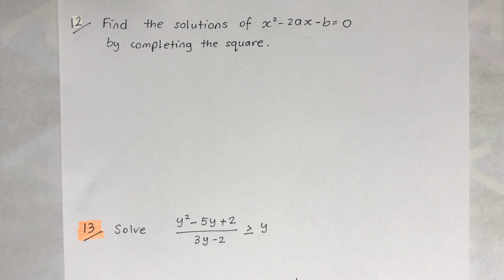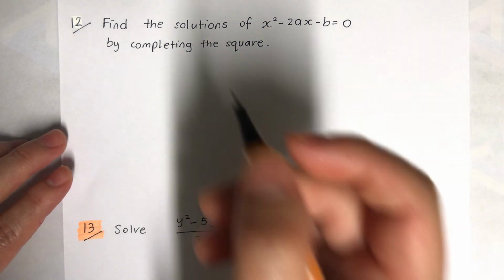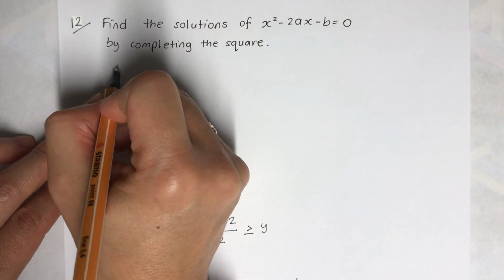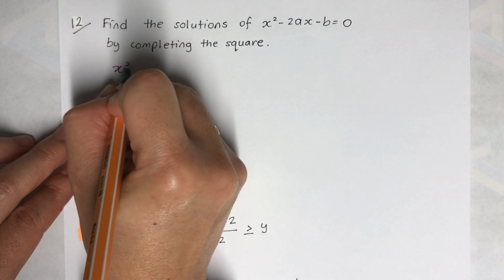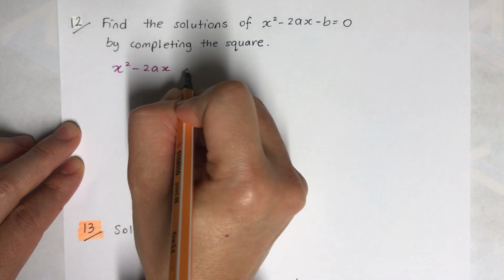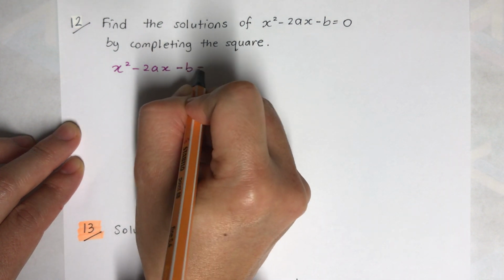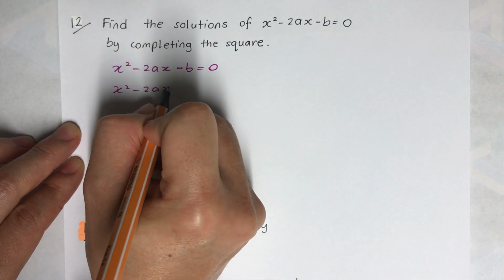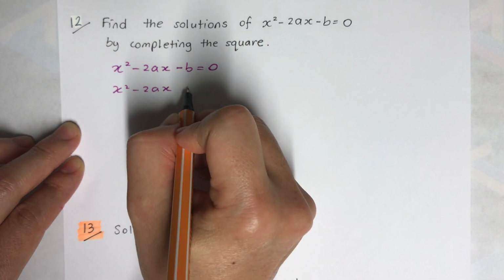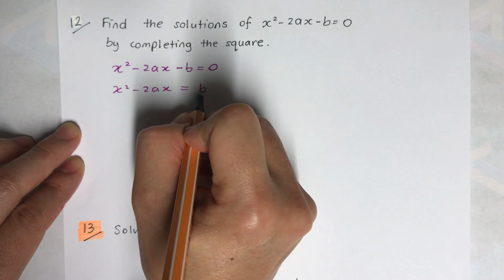Find solutions of that by completing the square. Okay, so I'm going to go different color. x squared minus 2ax minus b equals 0. x squared minus 2ax equals b.